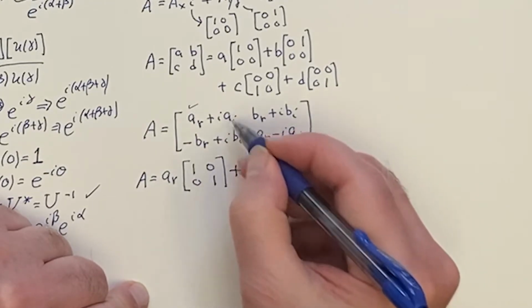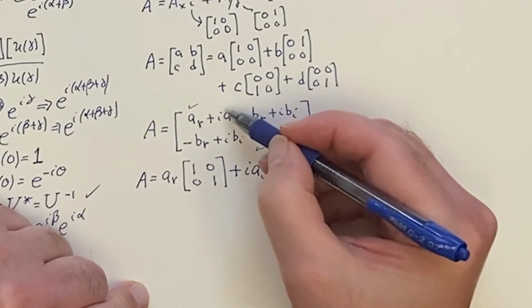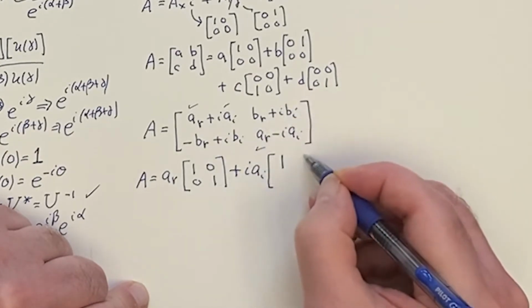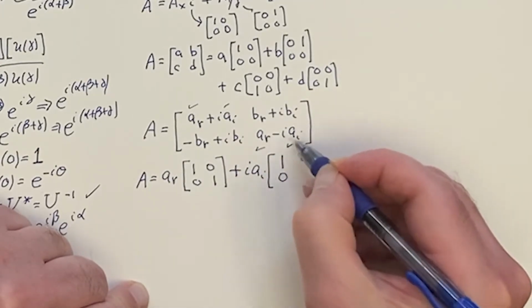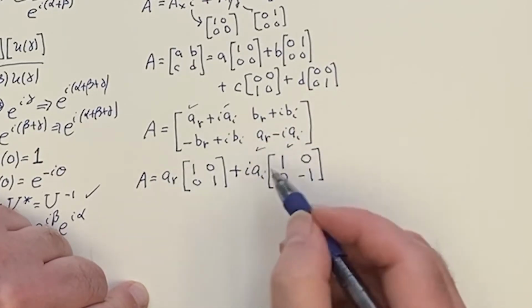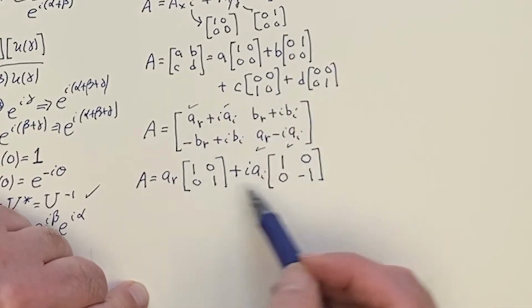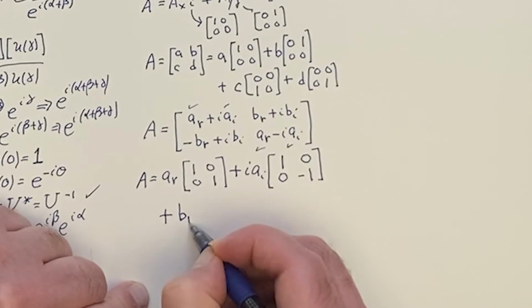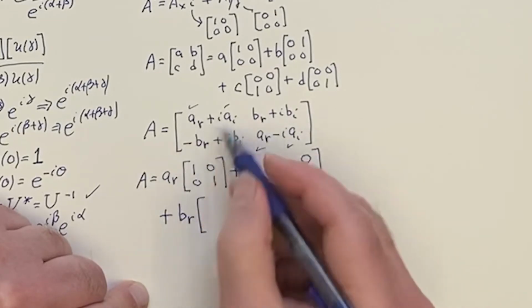Then, if we focus our attention on i AI up here, there's a 1, and there's none over here. There's none down there. And over here, there's a minus 1. So that's suggested to have a different set of 4 rather than the 1, 0, 0, 0, and 0, 1, 0, 0. We're going to have a different combination. Then, if we go plus BR over here, there's no B's up in there.